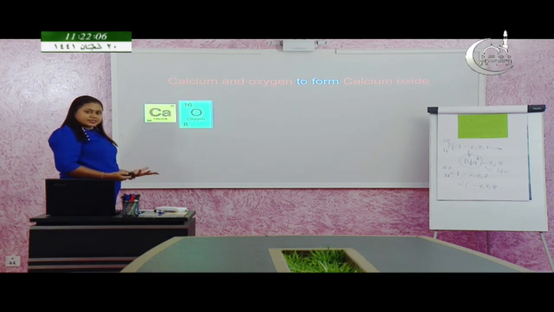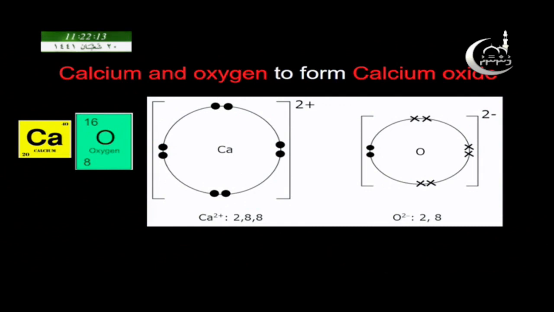Now, we have done 2 examples, so hoping that you are familiar with how to draw the structures. I will just show you the structure for ionic bonding for calcium oxide. So, calcium we have Ca 2 plus, 8 electrons in the last shell, oxide ion 2, 8, O2 minus.